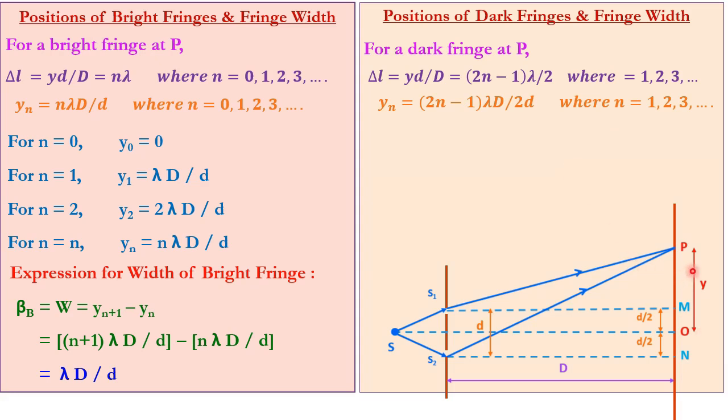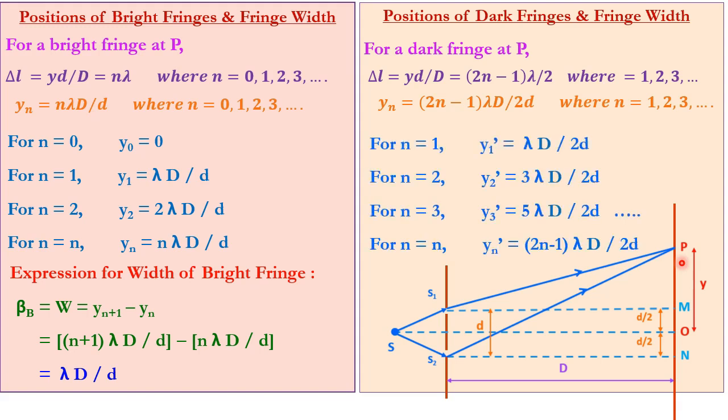If we have this P as a first dark point, then for n is equal to 1, y1 dash is lambda D by 2d, because value of n is equal to 1, and 2 minus 1 is 1. So lambda D by 2d.